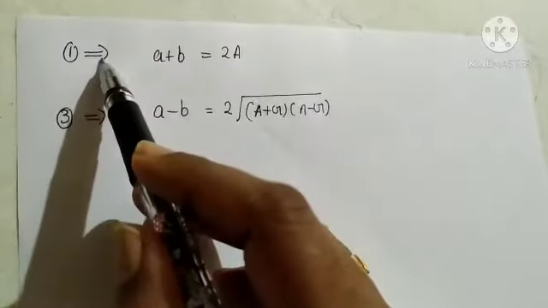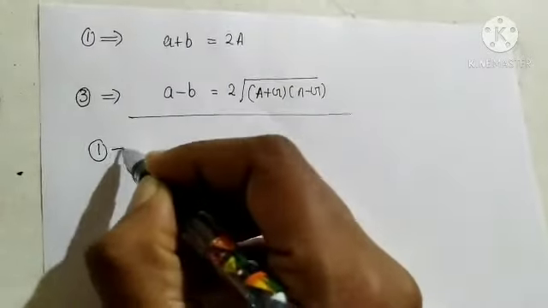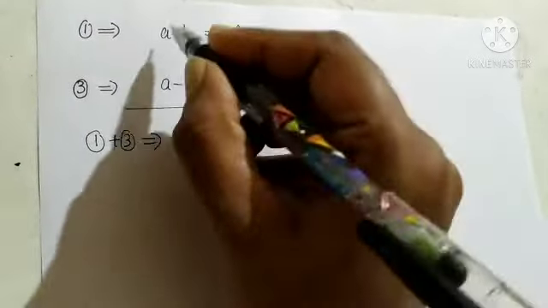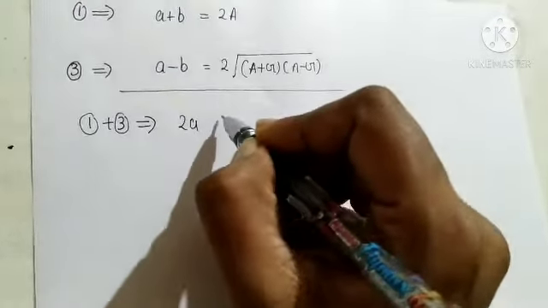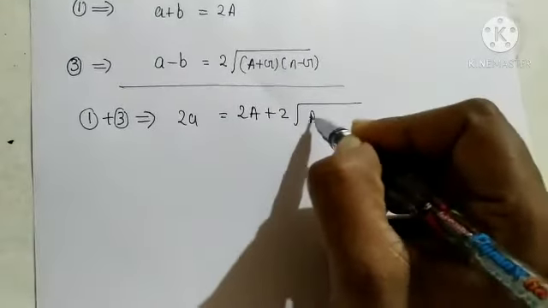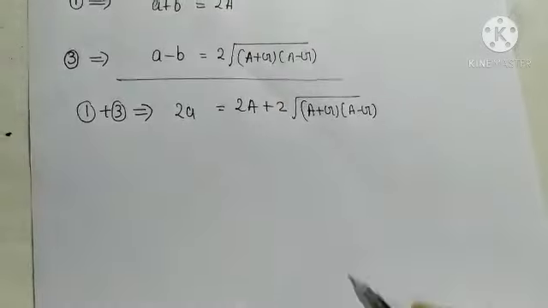Using equations number 1 and 3, I am going to add 1 plus 3. We get a plus a, which becomes 2a; b minus b will become 0, equal to 2A plus 2 root of (A plus G)(A minus G).